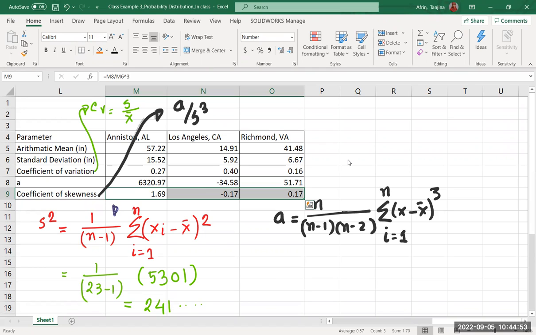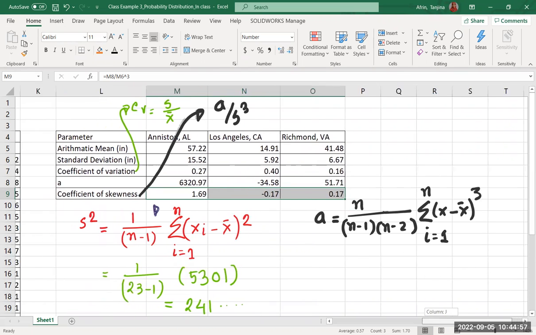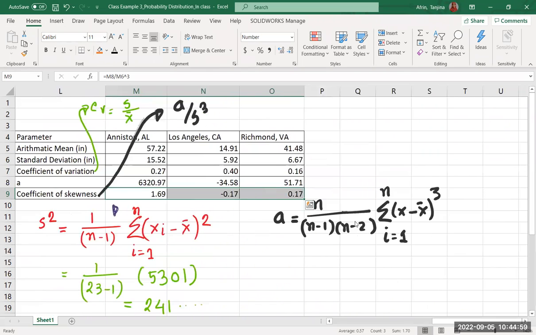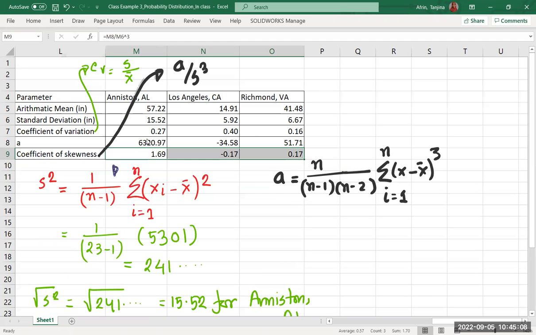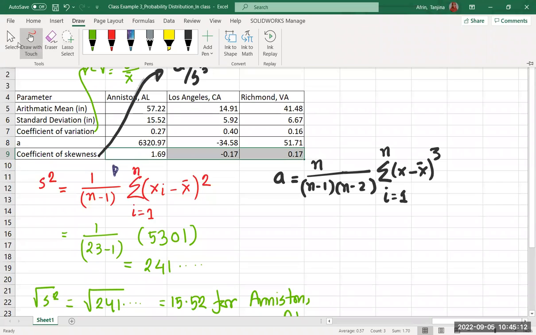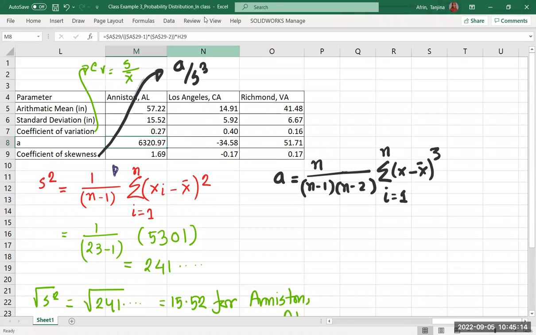Okay. Wait, can you give me A? This is the equation for A. And if I click the equation here, okay. Here.